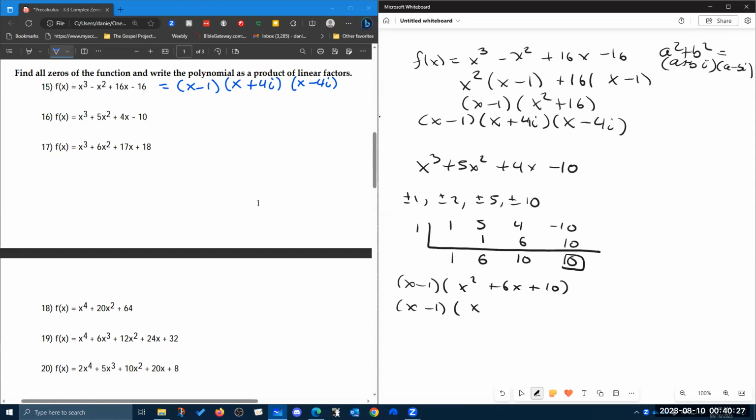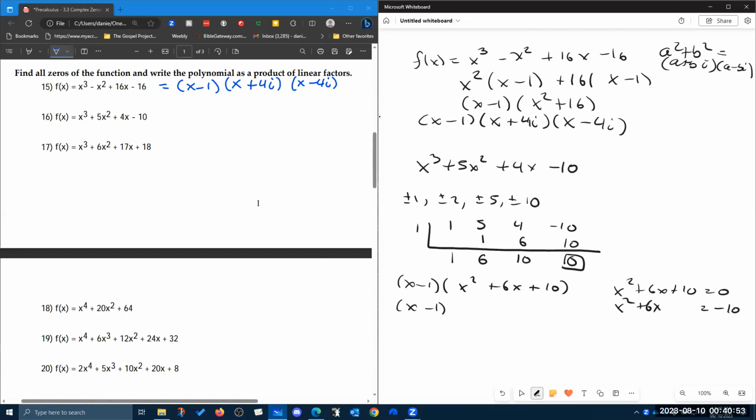This is x squared plus 6x plus 10, which is going to be x squared plus 6x equals a negative 10.